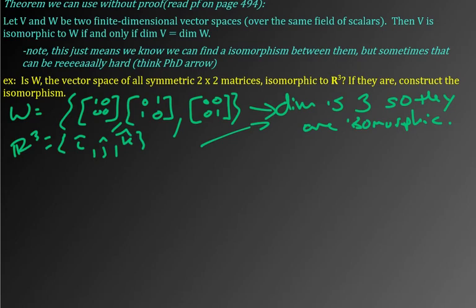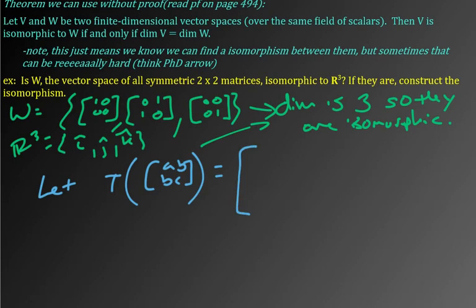Here, if I was proposing an isomorphism between the spaces, I would let T of any symmetric 2 by 2 matrix [a, b; b, c], right? So the way to do this is to take any symmetric matrix and just send it to (a, b, c), right?